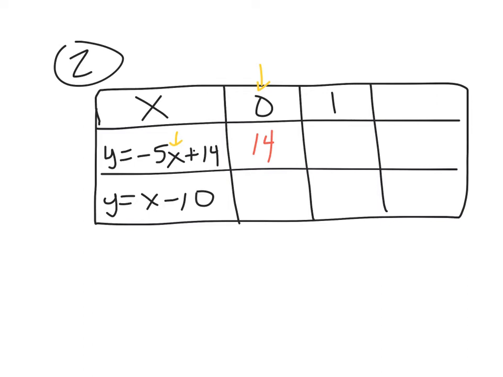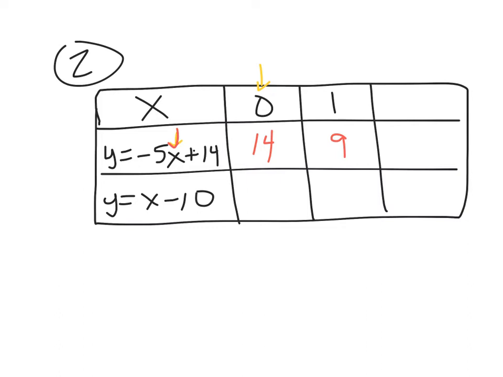Okay, now I'm going to plug in the 1. Negative 5 times 1 is negative 5. Plus 14. Okay, that didn't drop very much, did it?